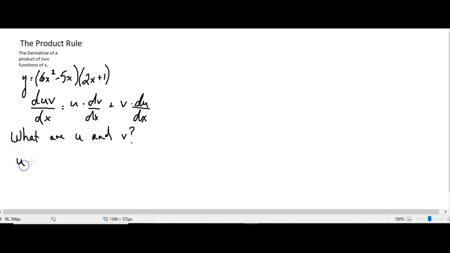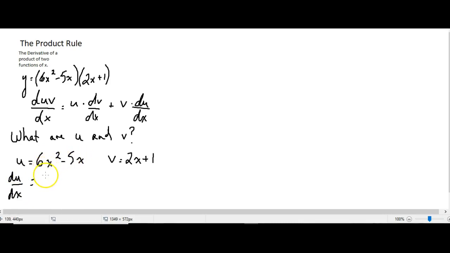So u will be the first function, 6x squared minus 5x. And v will be the second function, 2x plus 1. Now notice, we also need the derivative of the function u, right here, du/dx, the derivative of the function u with respect to x. So du/dx will be the derivative of this function with respect to x.